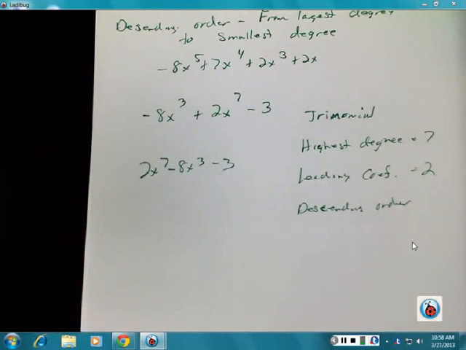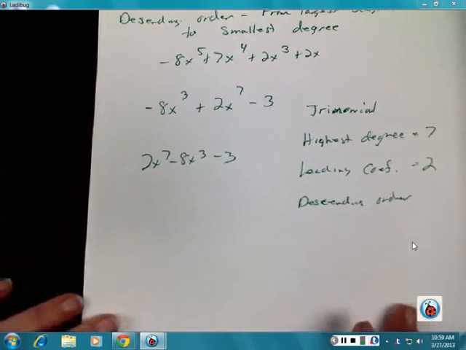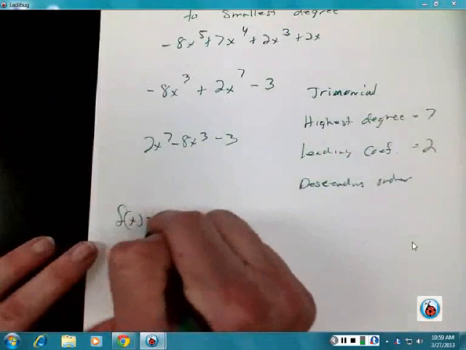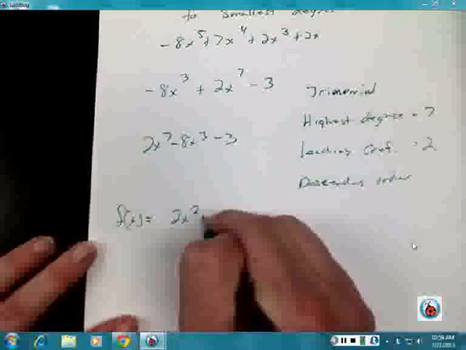That's basically all that's in this whole section. He's asking you to get degrees down, to get coefficient stuff down, and to figure out whether it's a polynomial or not. They might give you the function f of x equals 2x squared plus 3.